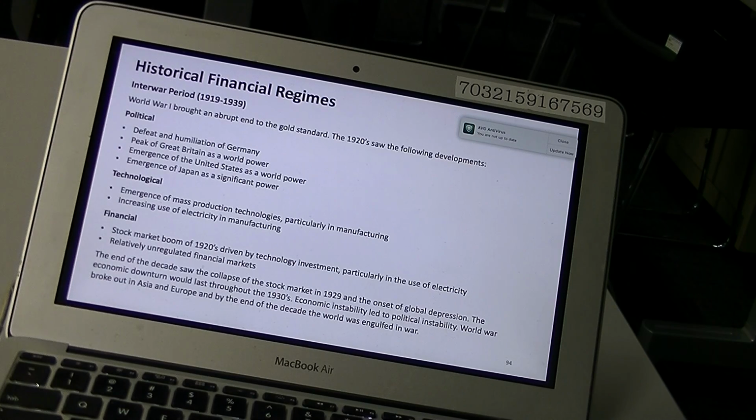And in fact, the political impact. This is just a political aside, but I think it's useful to talk about this. The political implications of World War I: we're seeing the effects now. The instability in the Middle East.